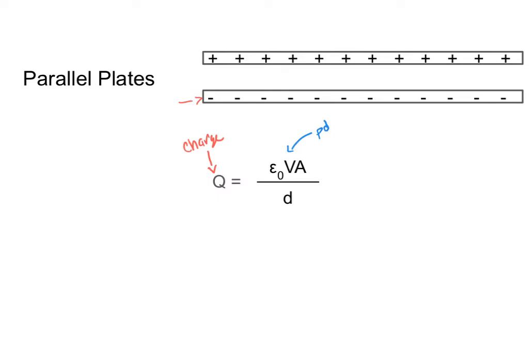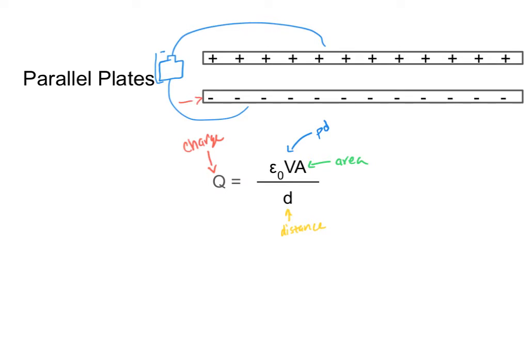So we've got our parallel plate hooked up to some kind of battery here, and the potential difference on that battery is going to affect how much charge can gather on one of our plates. Secondly, the area of the plate will affect how much charge it can gather. And finally, the distance between the plates is going to affect how much charge is gathered.